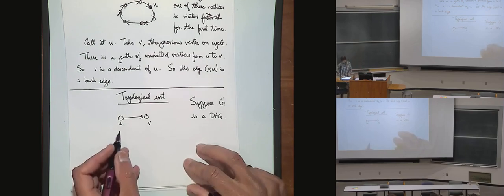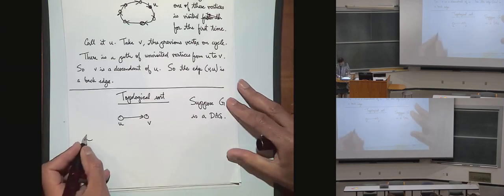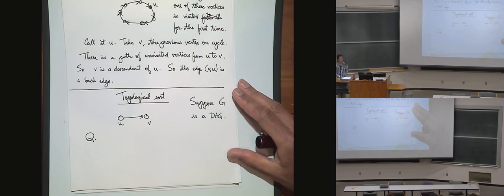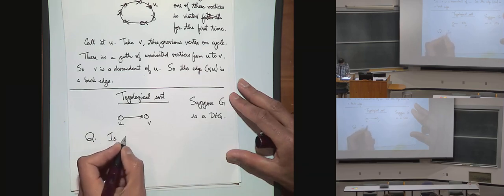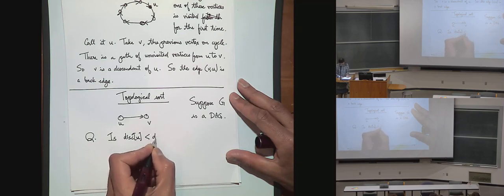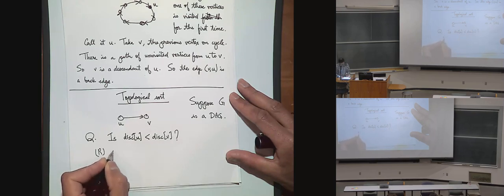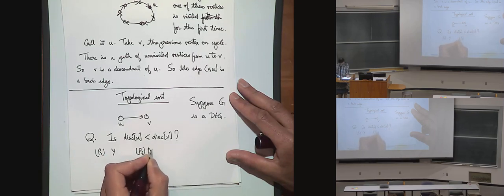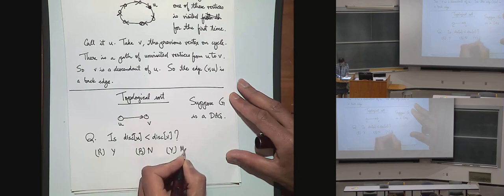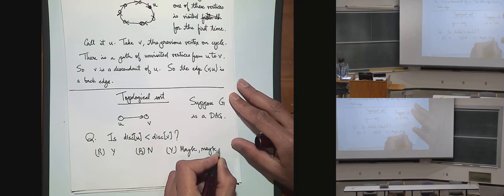So suppose there's an edge UV. Question: is the discovery time of U less than the discovery time of V? Yes, no, maybe, maybe not.